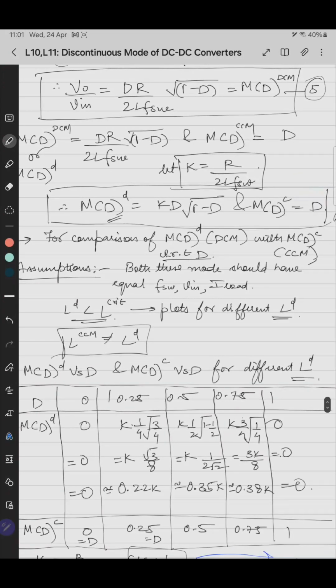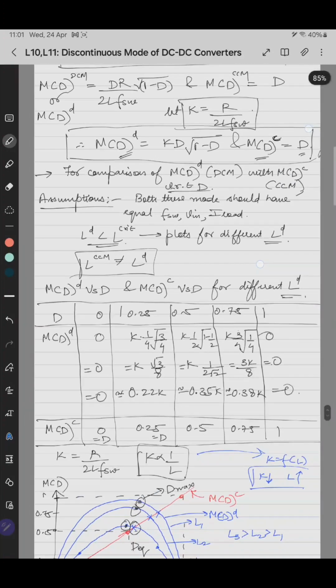This is for discontinuous conduction mode, and for continuous conduction mode, M of D is only D, because V0 by Vin is D. Now if you want to compare and plot M of D for continuous versus discontinuous conduction mode, we have to make a few assumptions. The assumptions are that the switching frequency is the same for both cases, for the converter, which is a buck converter.